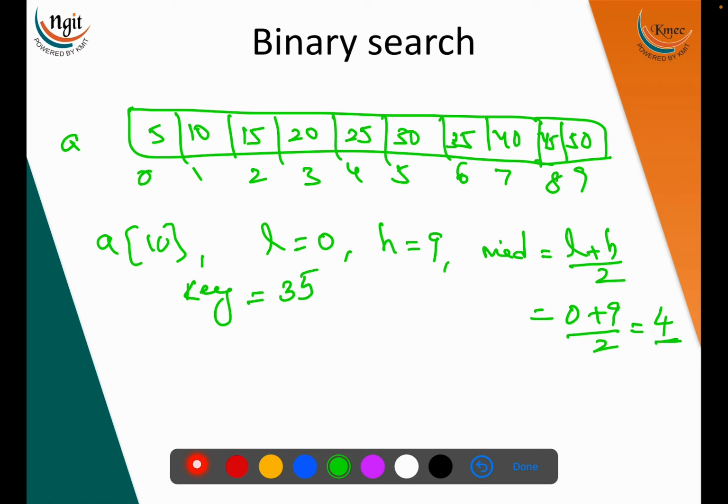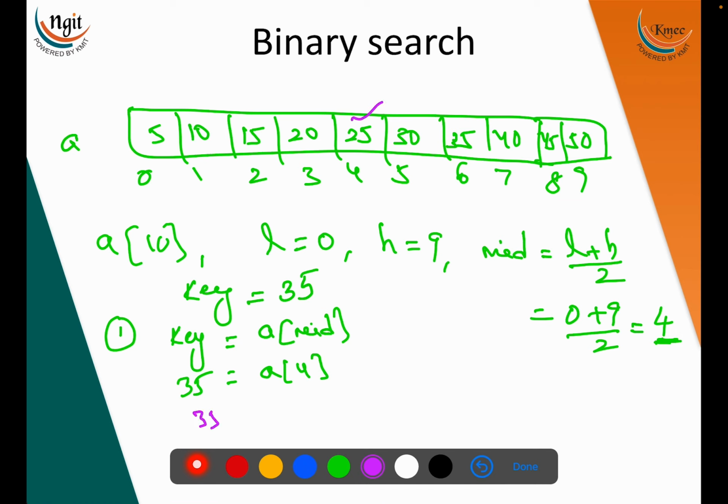Now your searching operation will go ahead. The first possibility is to check whether the key element is A of mid or not. A of mid we already found, which is index 4. So key is what? 35. A of 4 is what? 25.